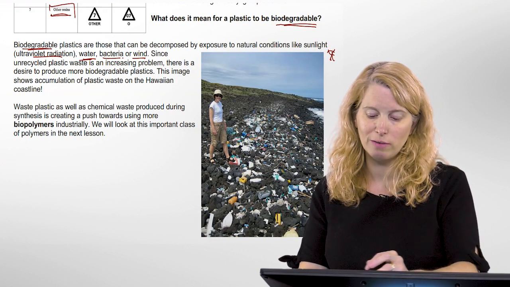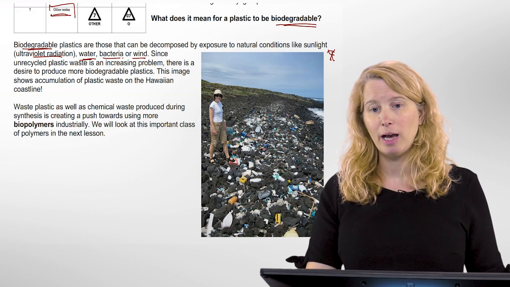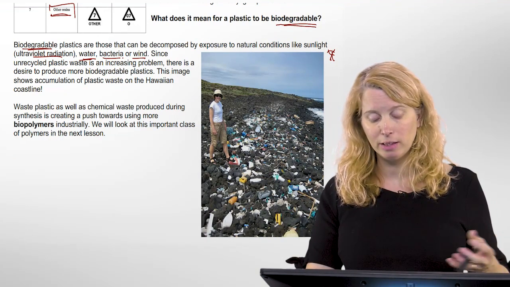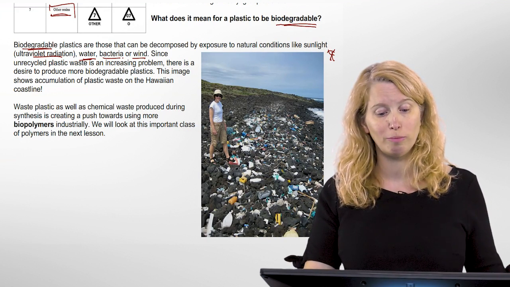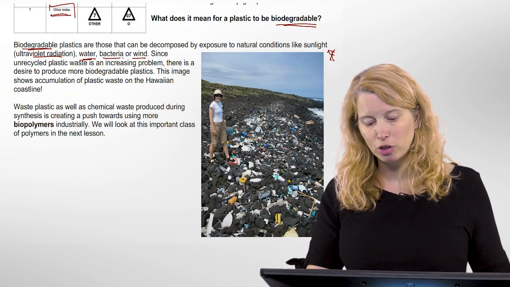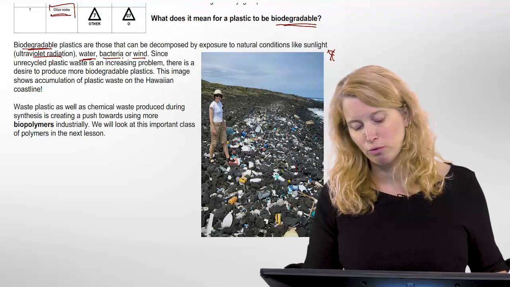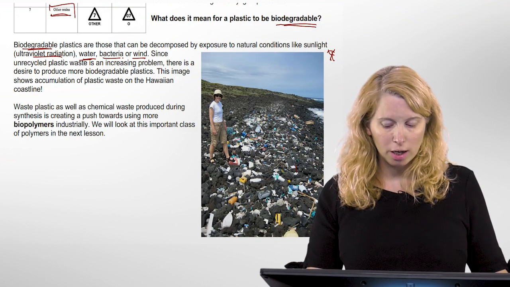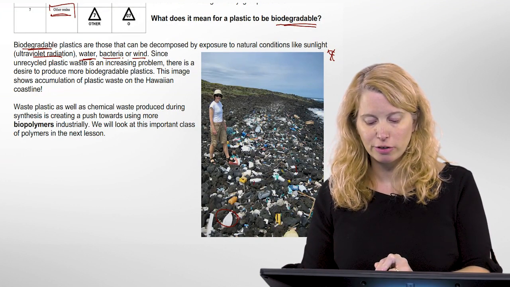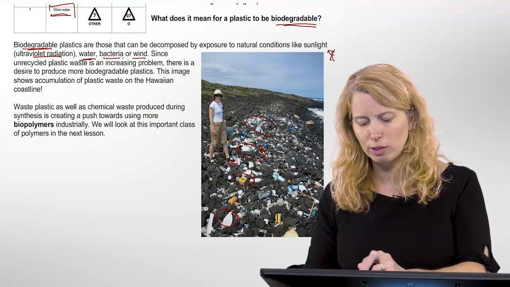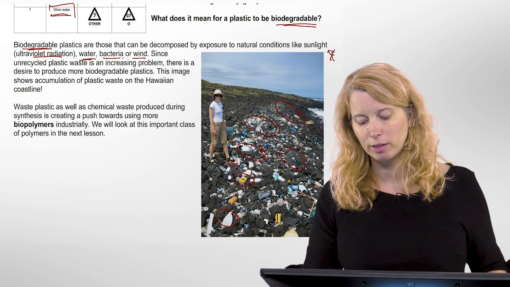You have almost certainly visited some place that has a so-called plastic island or a lot of plastic trash accumulated on it. This is actually a picture of Hawaiian coastline. So this ought to be pristine, beautiful, volcanic rock, but you can see that it's cluttered everywhere with all sorts of different kinds of plastic products.